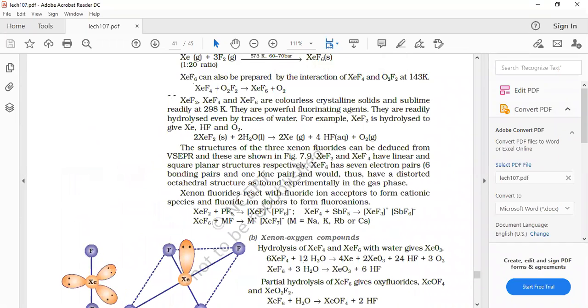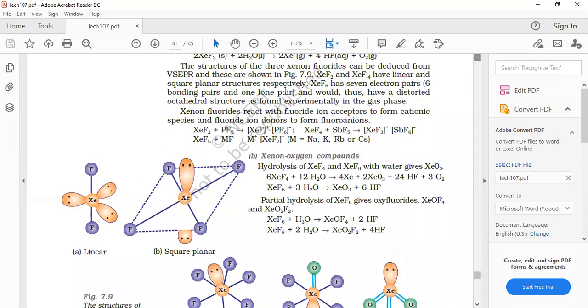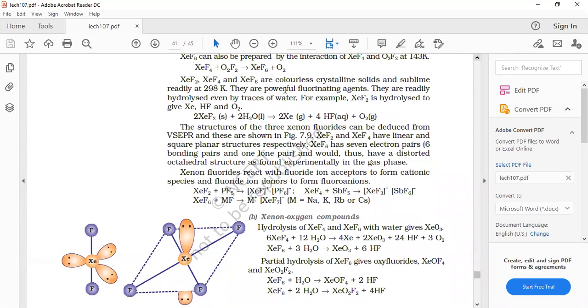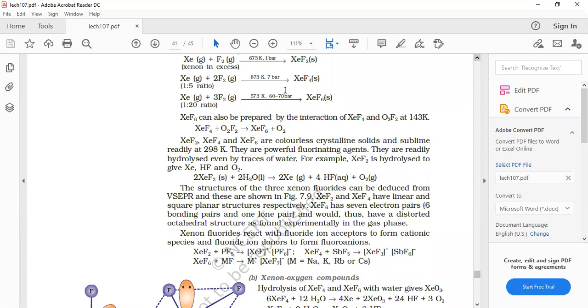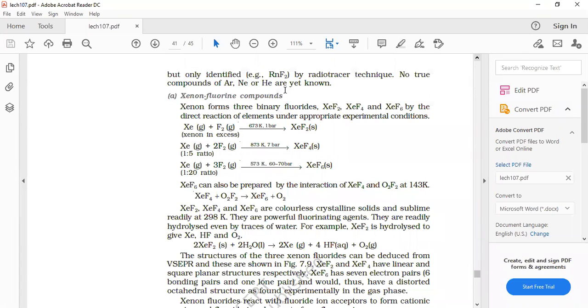Xenon fluoride and xenon oxide compounds, okay. So let me start with xenon fluoride compounds, XeF. Xenon forms three binary compounds, fluorides XeF2, XeF4 and XeF6, by direct reaction of the elements under appropriate experimental conditions.